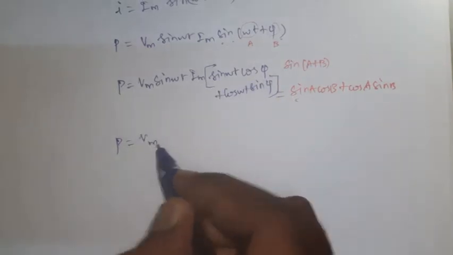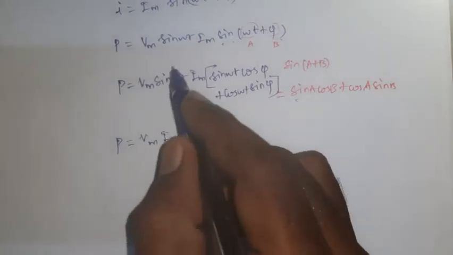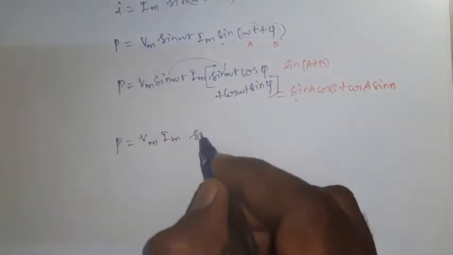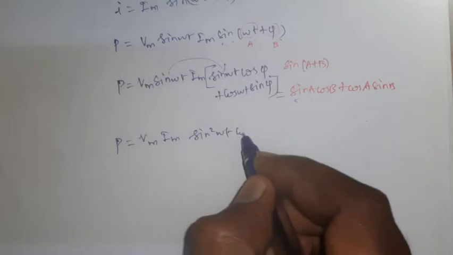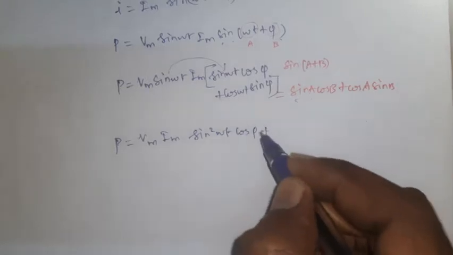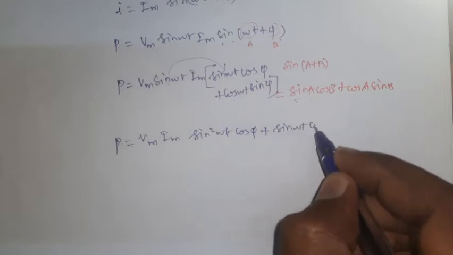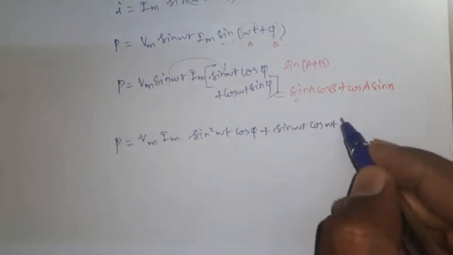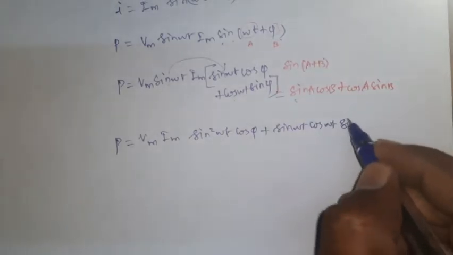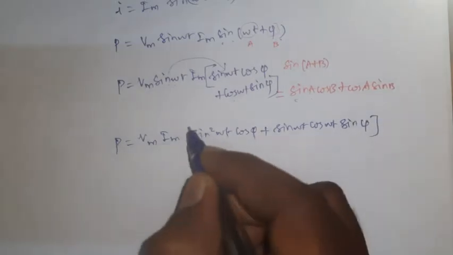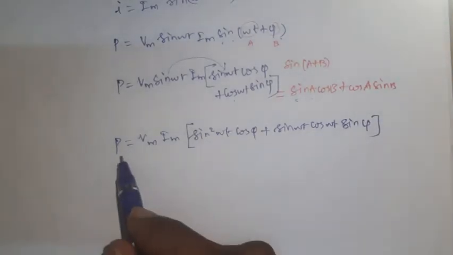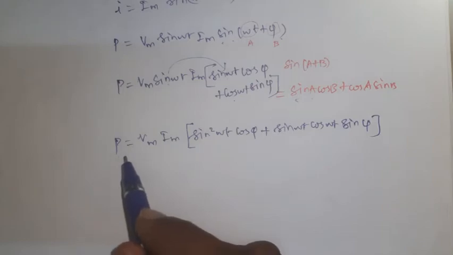So P is equal to Vm Im times sin square omega t cos phi plus sin omega t cos omega t sin phi. This is the power at any instant.